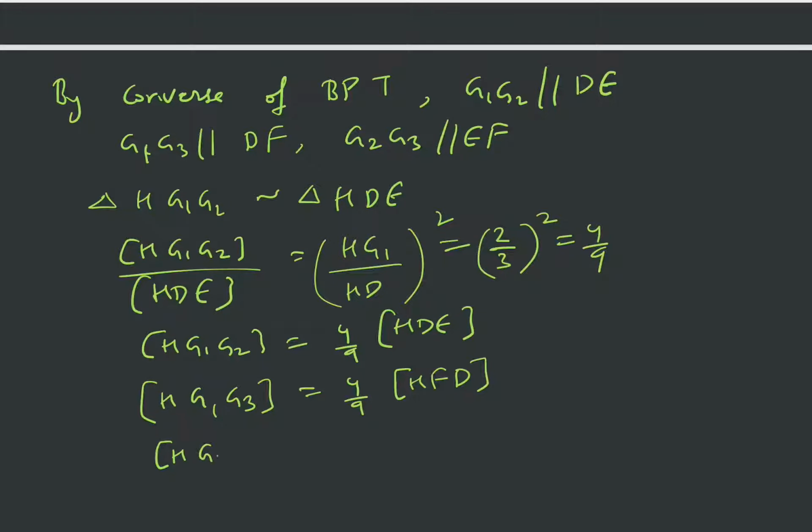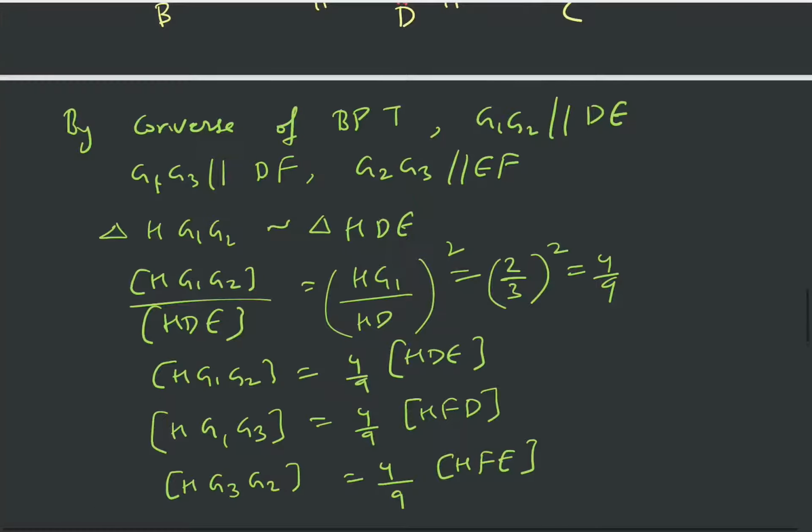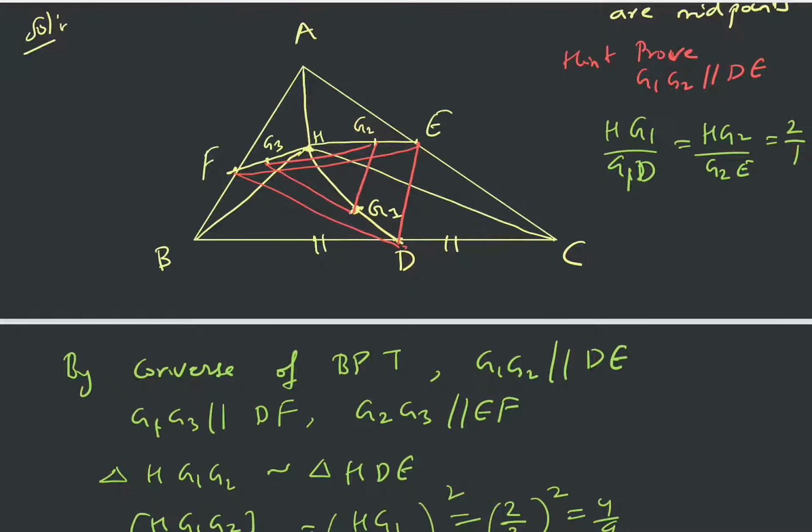So you have the areas of HG1G2, HG1G3 and HG3G2 in terms of HDE, HFD and HFE. So I am naming these equation number 1, equation number 2, equation number 3.